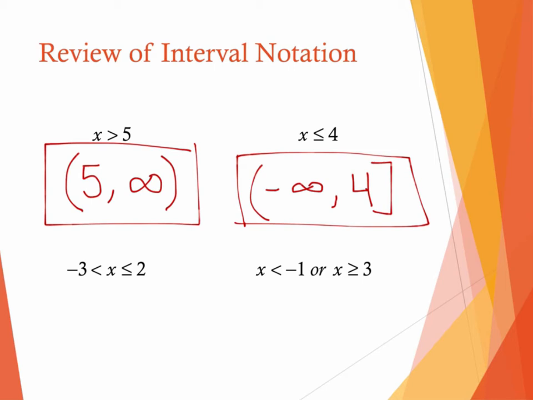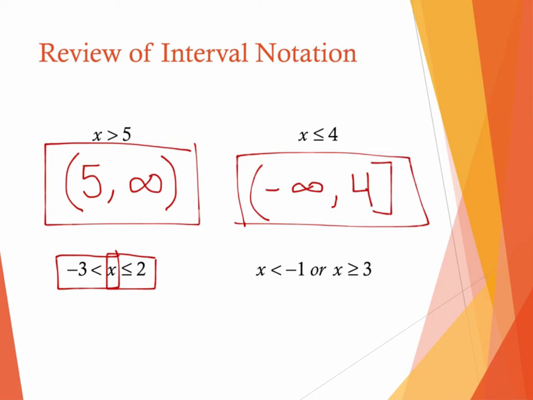Our next set is actually a compound inequality. We have two inequalities here. We're saying that negative 3 is less than x is less than or equal to 2. So this is two inequalities: x is greater than negative 3 and x is less than or equal to 2.